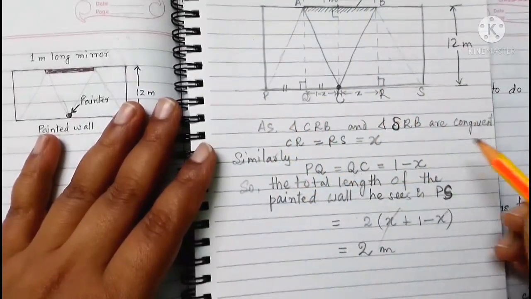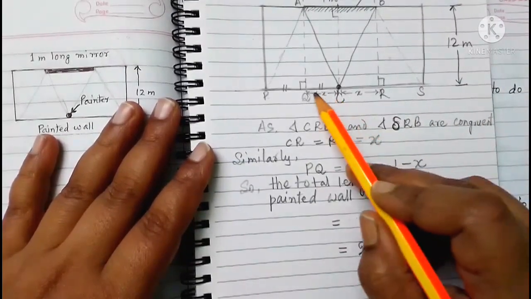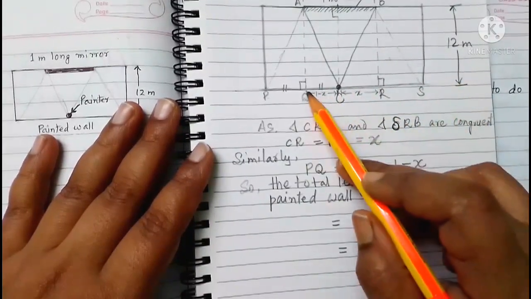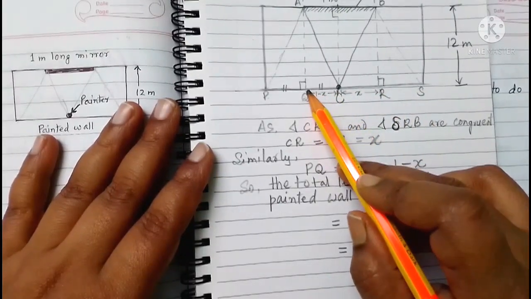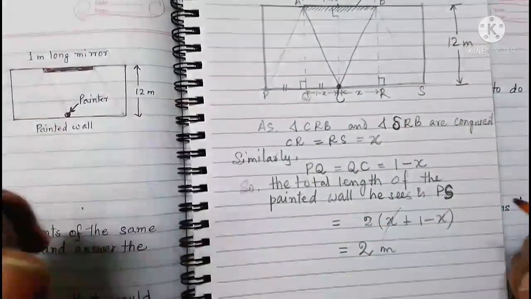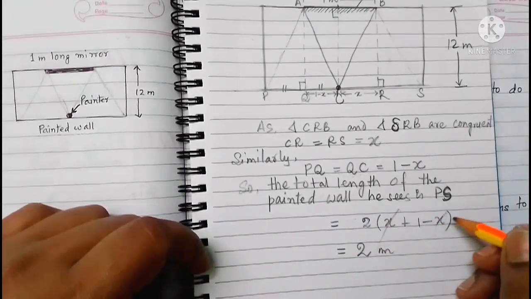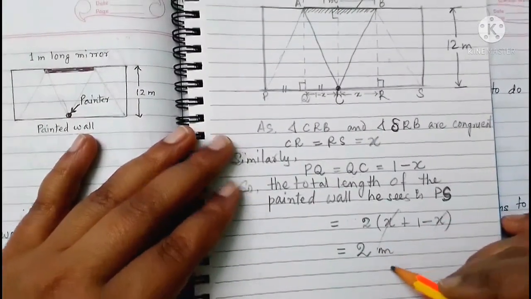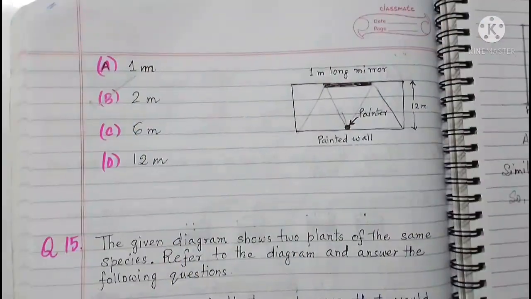It will be 2 into X, plus 1 minus X, plus 1 minus X. Taking the 2 in common, it is 2 into X plus 1 minus X, twice of all that. If you cancel out the X's, you will get 2 meter. The answer will be option B, 2 meter.